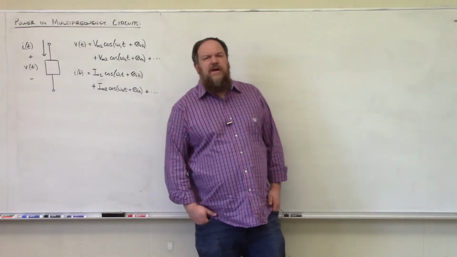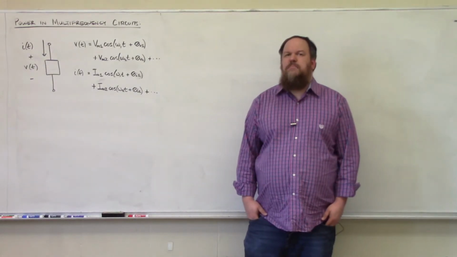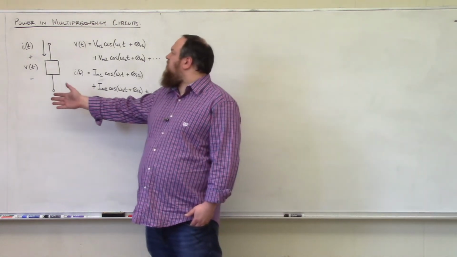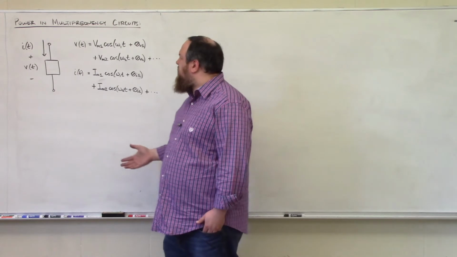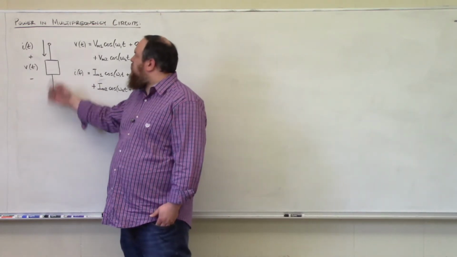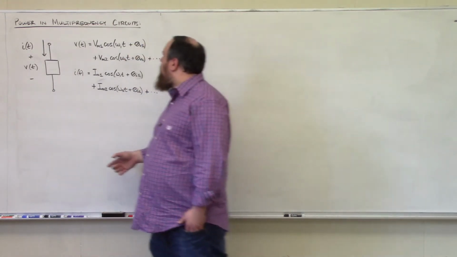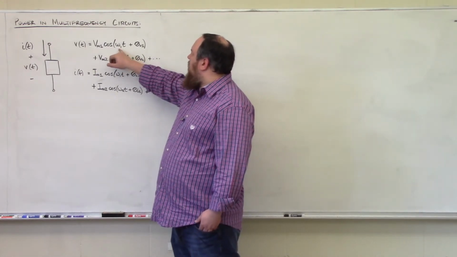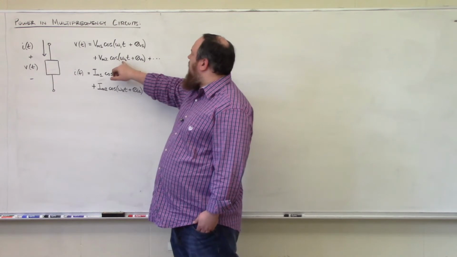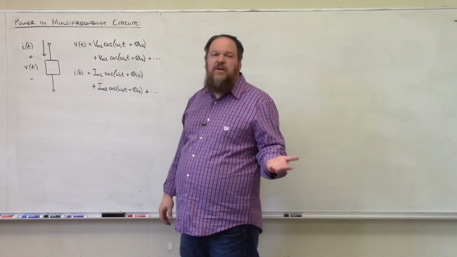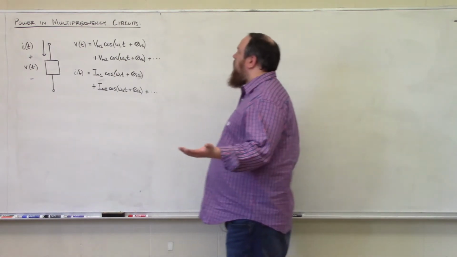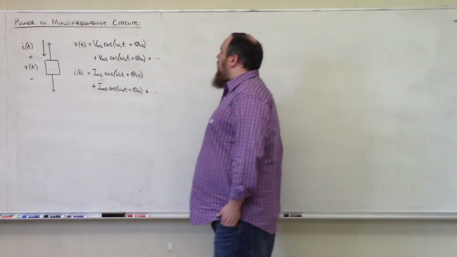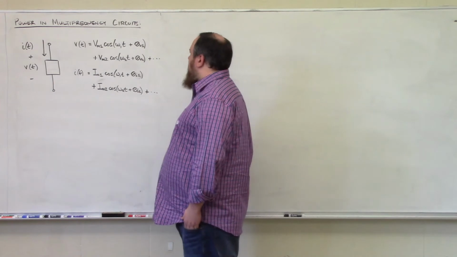Now we're going to talk about how to determine the power in a multi-frequency circuit. So let's say that we have a particular circuit element of interest, and there is some voltage drop over that circuit element that is composed of a frequency term at omega 1 and another term at omega 2, much like we saw in our example problem where we found the current through a particular element in a multi-frequency circuit.